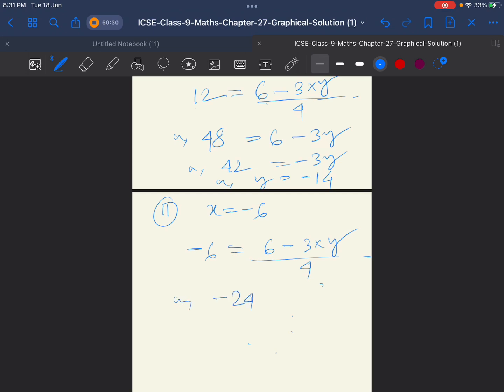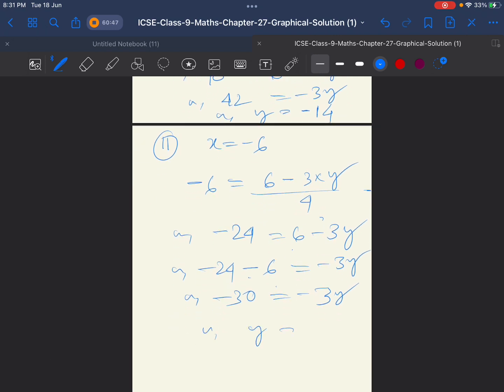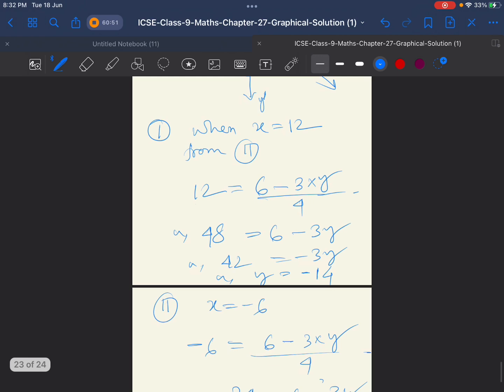Okay, when x equals minus 6, the value of y will be: minus 6 into 4, minus 24, 6 minus 3y, or minus 24 minus 6 equals minus 3y, or minus 30 equals minus 3y, or y equals 10.